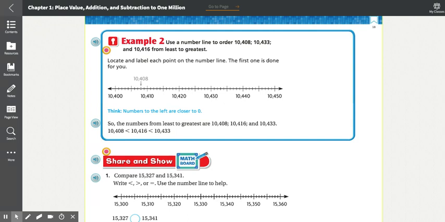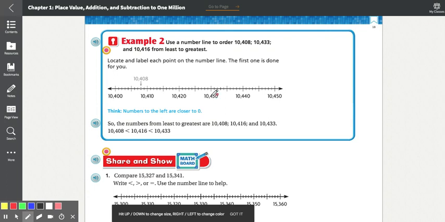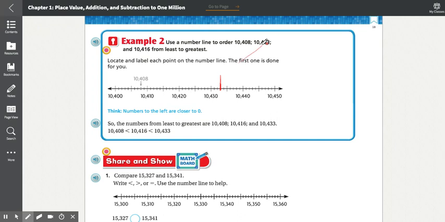So 10,433 is right about here. 10,430, 31, 33. So that's right about here. So this number is right about here. You can write the number in here so it's easier to see when we need to determine least to greatest.